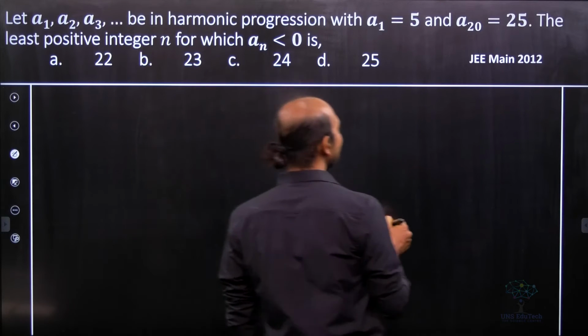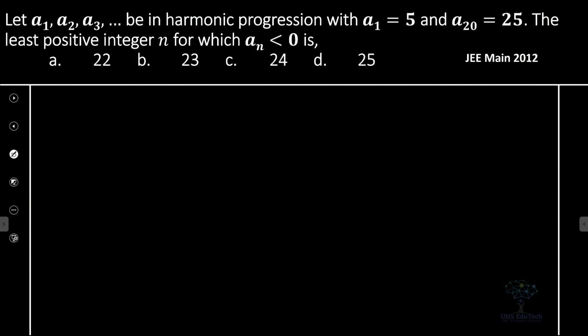So here it is given, have a look, that A1, A2, A3 and so on are in HP. So, whatever we just mentioned a few seconds earlier, 1 by A1, 1 by A2 and 1 by AN will definitely be in AP.